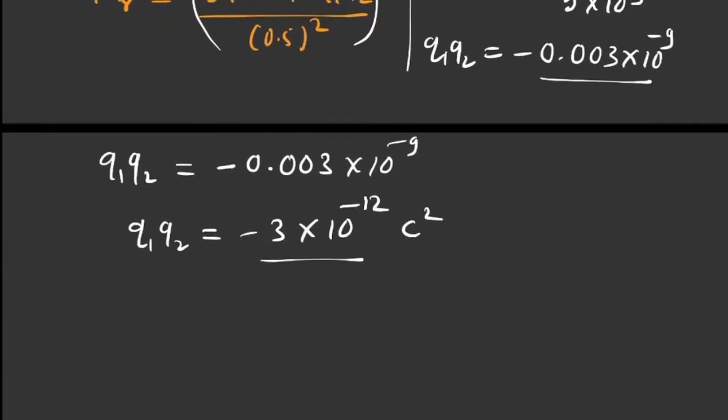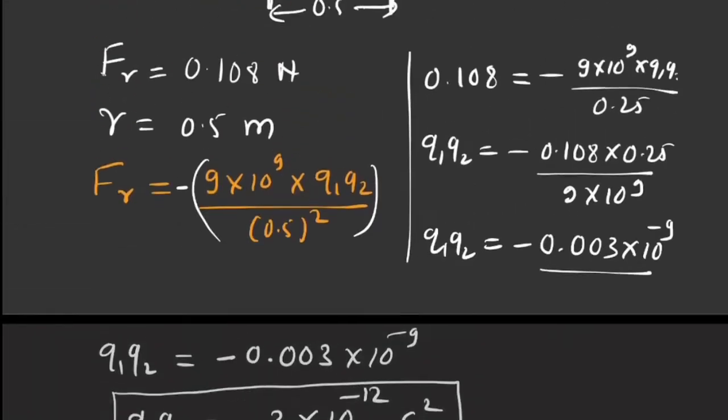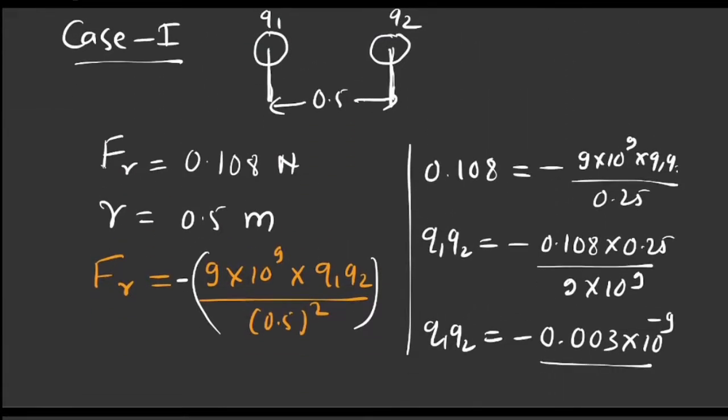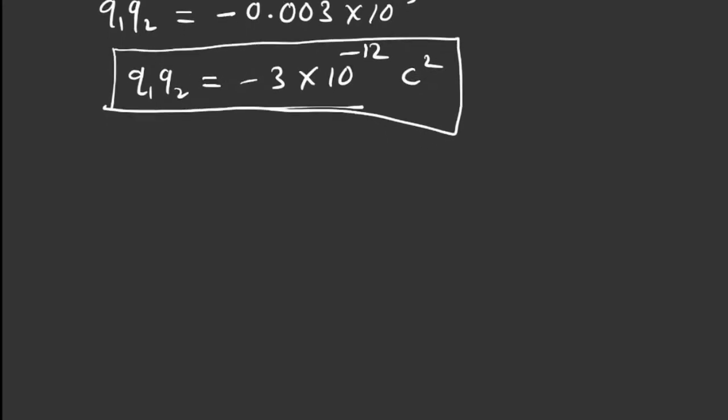Obviously, why did I take negative? Because any one is a negative charge, because it is a repulsive force. So when you make the product, we will get negative here. Okay. So this is what we got from the first case. I hope you understand case 1. Now what did we do for case 2? What is the situation in case 2?